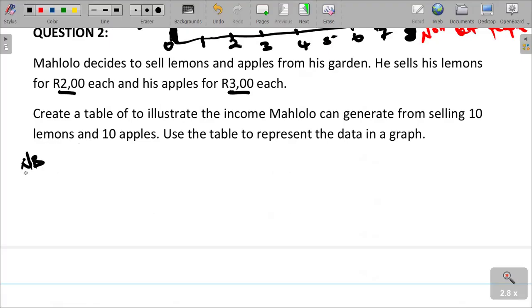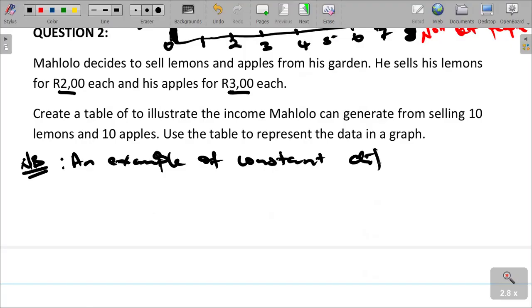Note, answer 1: this is an example of a constant difference relationship that we are seeing here.